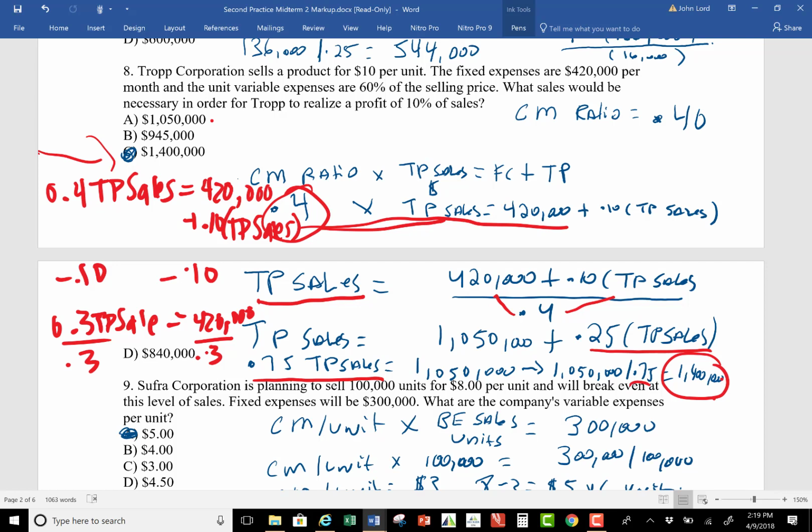But if that's easier for you, and I see that it is easier, I'm just not sure why I didn't just keep going. What did I do before? You just try to subtract it right from TP sales, but not with the 0.4. So 0.1 off of 0.4. I see, it's 0.3. I got it. Okay. Thank you.